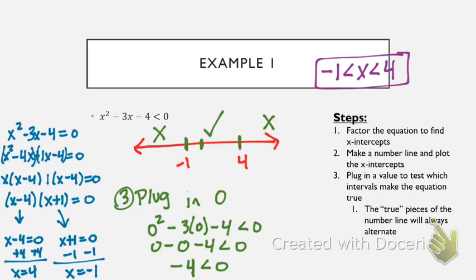That's true. So in between -1 and 4 is true because 0 is in between those numbers, and that's the x value I chose to plug in. So the check mark is between -1 and 4. That means the x values that make the inequality true are between -1 and 4.